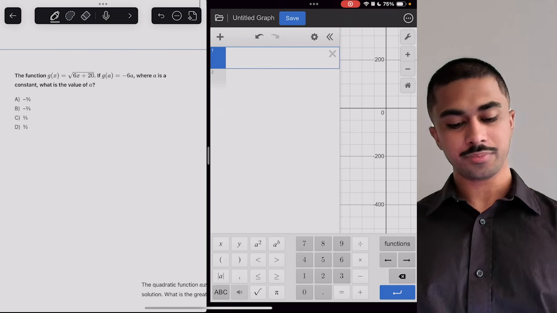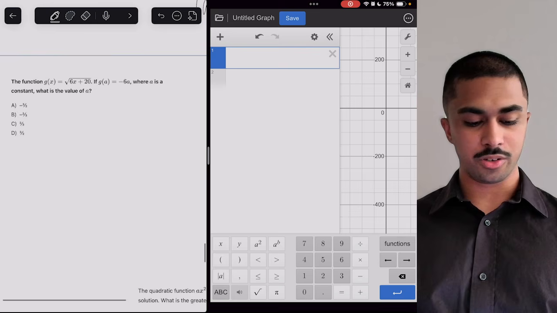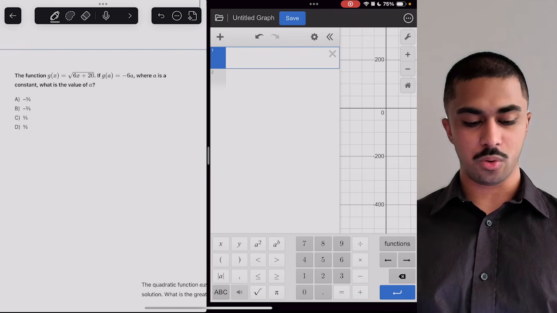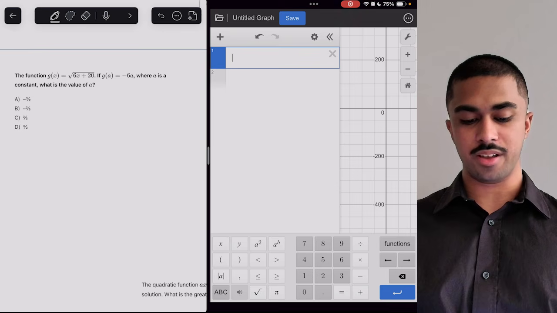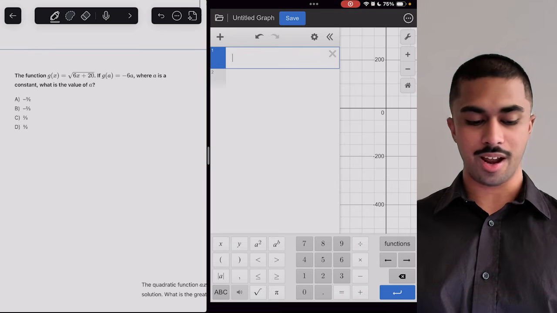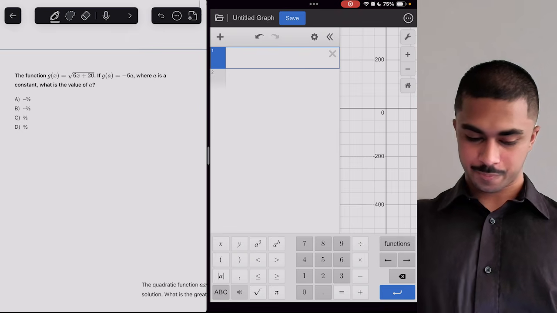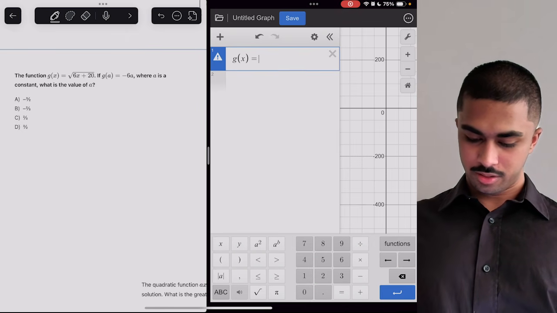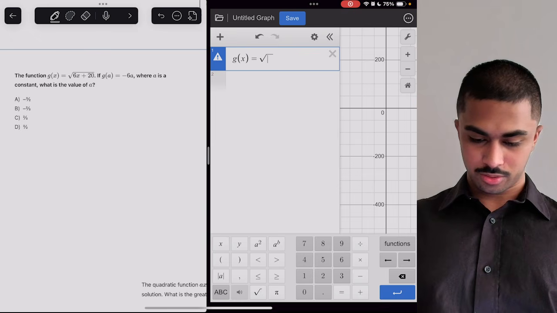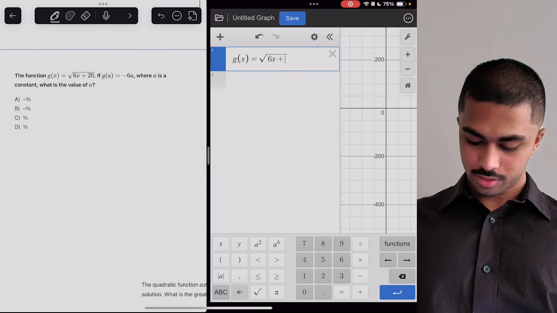Next one. No idea why this one is in bold. The function g of x equals square root of 6x plus 20. If g of a equals negative 6a, where a is a constant, what is the value of a? g of x equals square root of 6x plus 20.